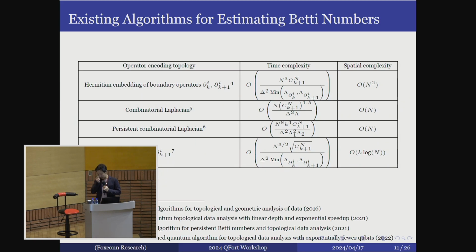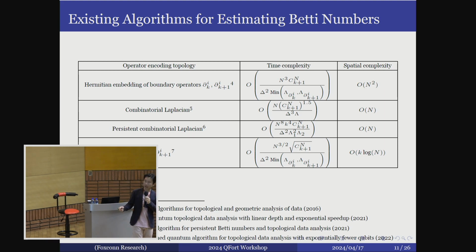Okay, so once I introduce those terminologies, we can go over some of the known results. The first one is very famous. This is by Seth Lloyd and his collaborators, Paolo Zanardi from USC. They have this Science paper in 2016. This is the first efficient quantum algorithm in TDA, topological data analysis.